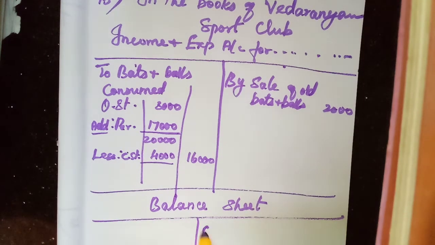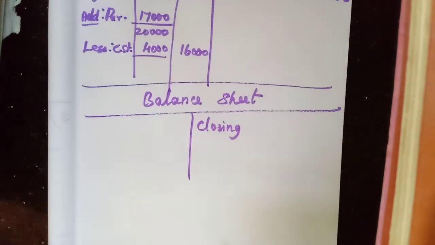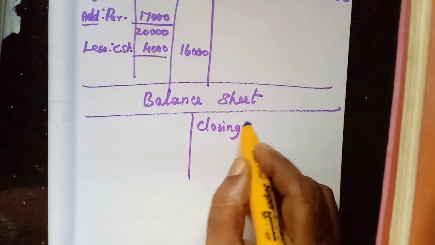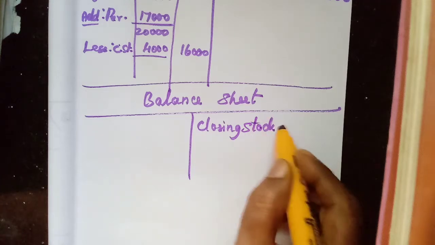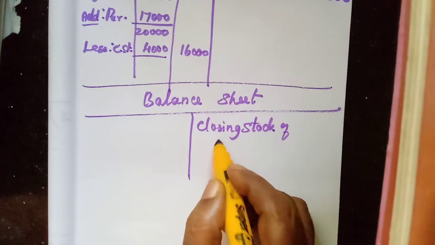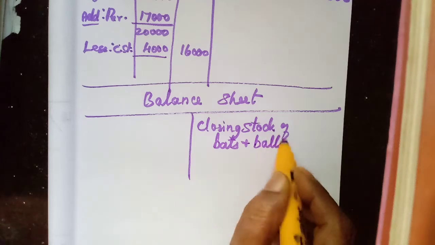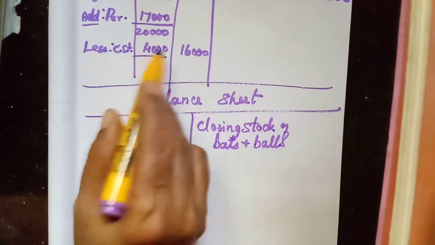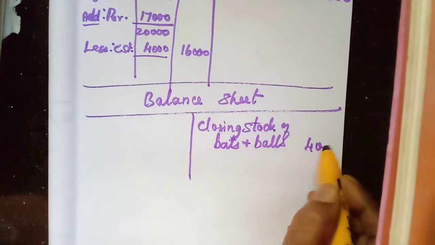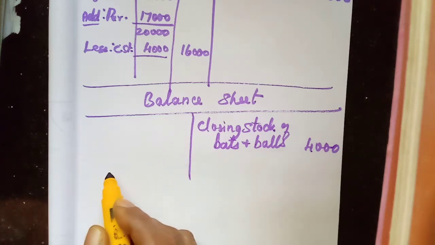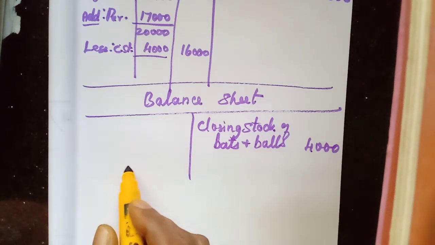Closing stock of bats and balls. How much closing stock? 4,000.